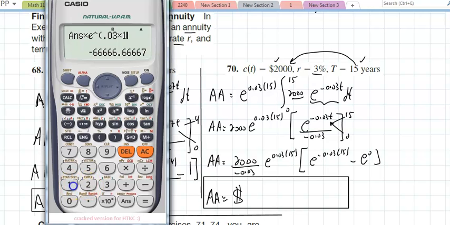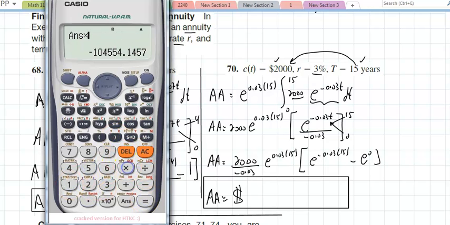0.03 times 15. Got it. Times parentheses. Oops. Answer times. I should have put times. That would have worked much better. So let me show you again. You get this part, and then you multiply that by e to the 0.03 times 15.